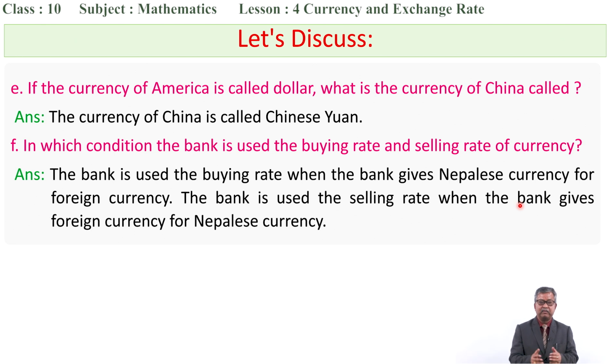The bank uses the buying rate when the bank gives Nepalese currency for foreign currency. That means the bank purchases the foreign currency and gives Nepali rupees. At that time, the bank uses the buying rate. The bank uses the selling rate when the bank gives foreign currency for Nepalese currency.